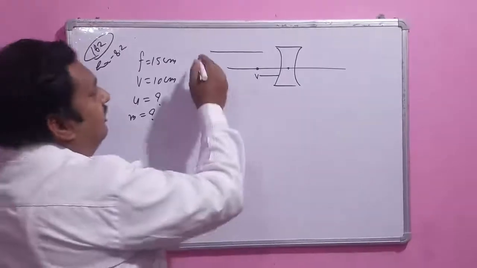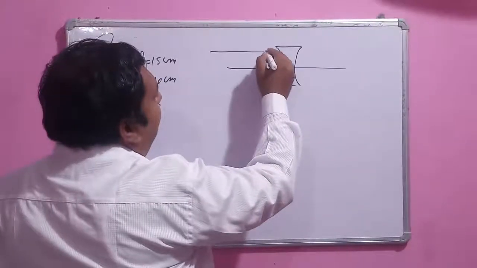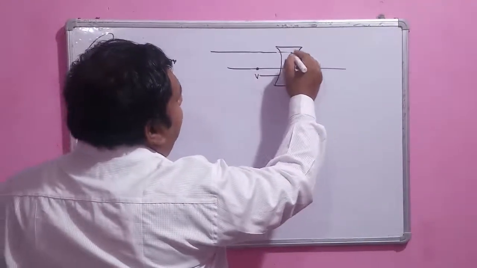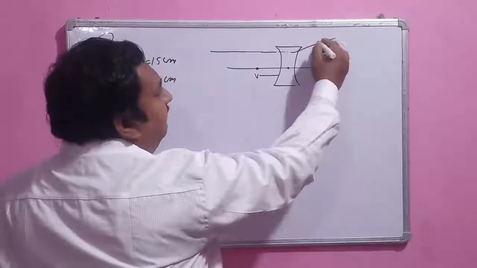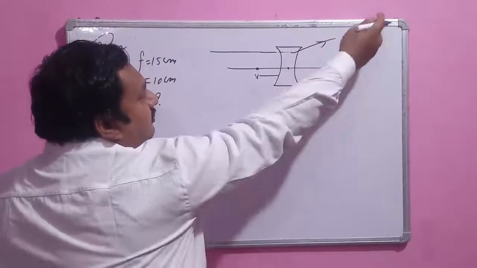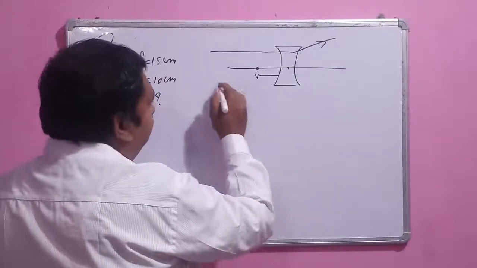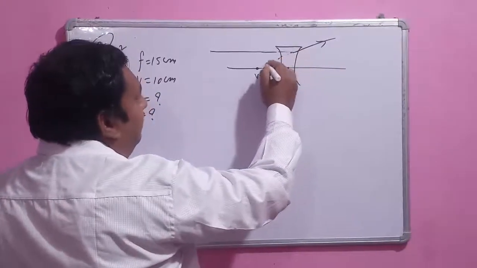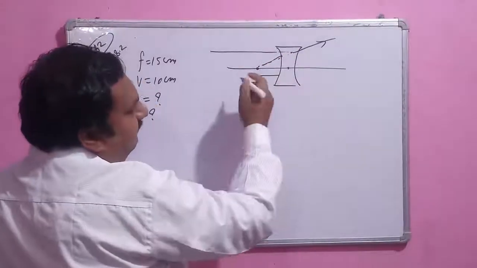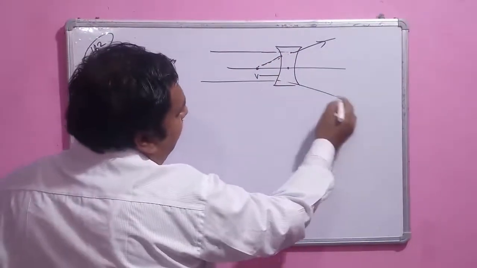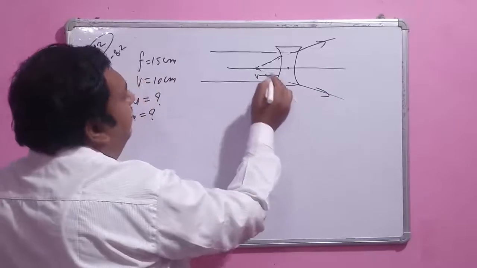So if a ray is coming from this side, this is a diverging lens, so the rays are not going to meet here. If we extend backward, they will surely meet backward. Suppose you send another ray, if you extend backward, they will meet here.